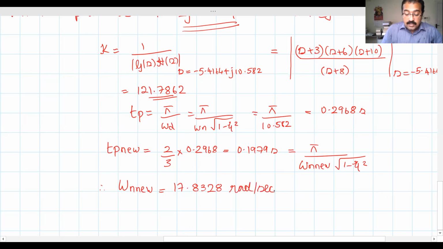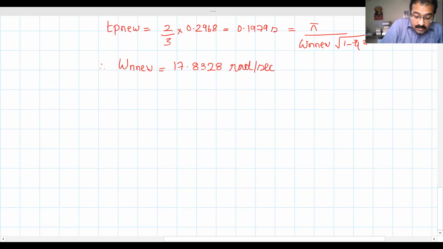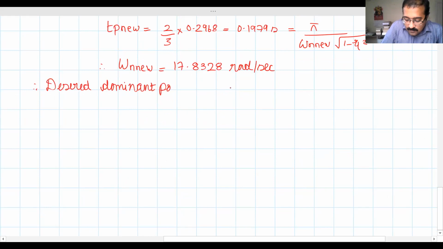So what happens? So it means that in the S-plane, your real part has changed. Okay, that means dominant pole has changed. So where will be the new desired dominant poles? Therefore, desired dominant poles are at s equals minus zeta omega n new plus minus j omega n new into root of 1 minus zeta square.